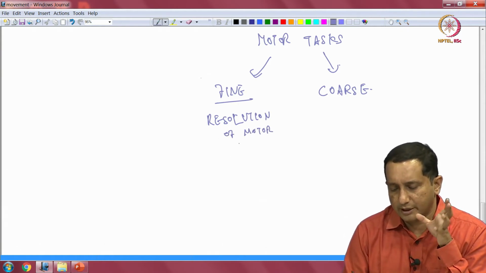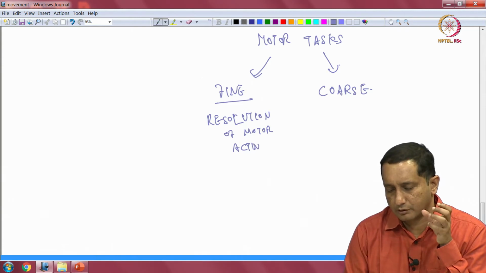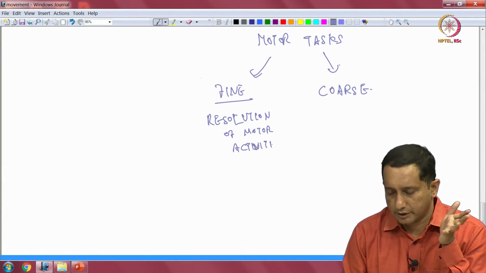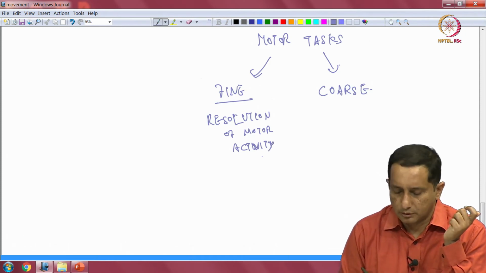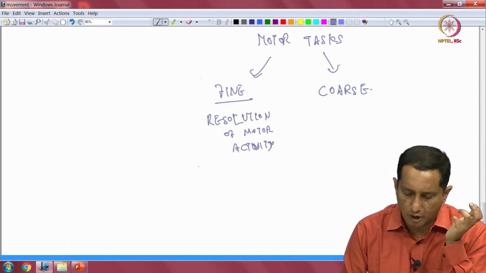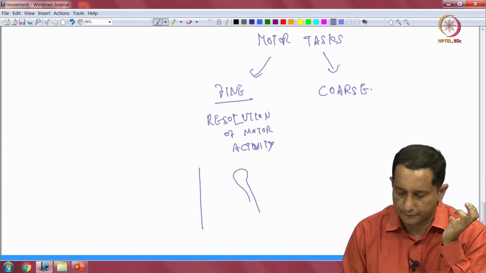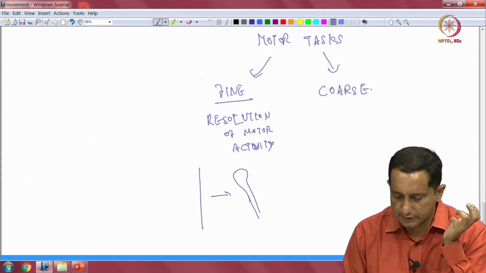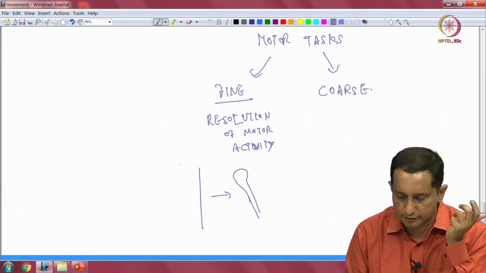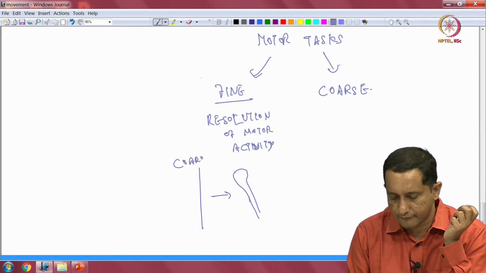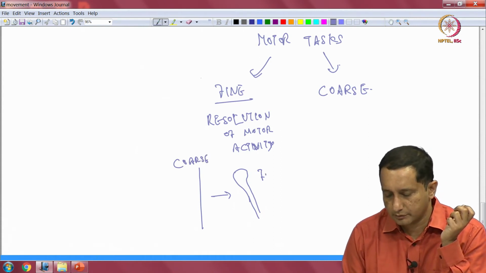What do I mean by that? Drawing a line is very different from drawing a diagram, right. So, this would be coarse and this would be fine.